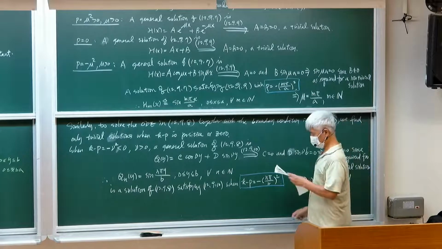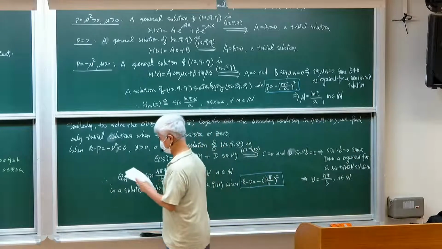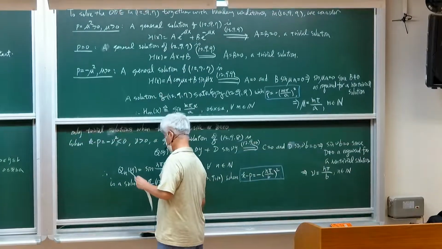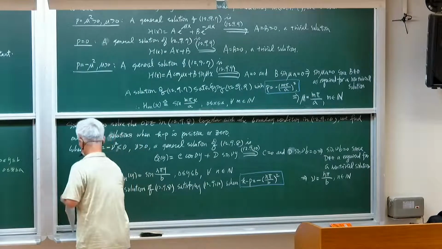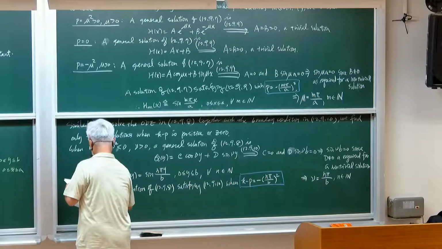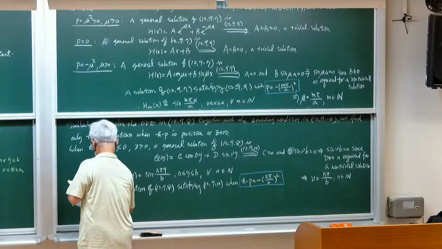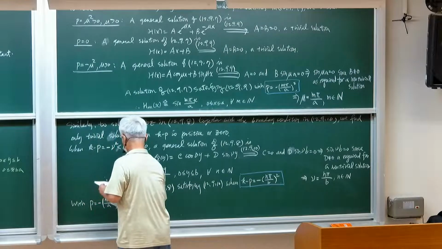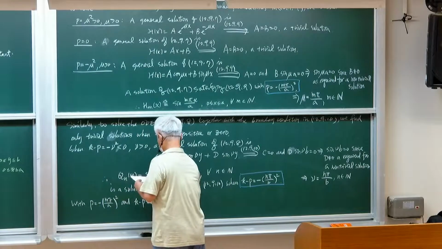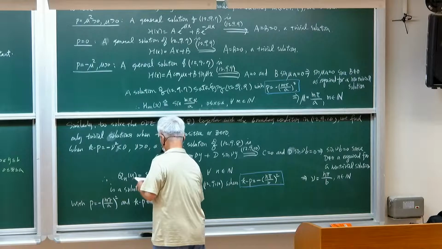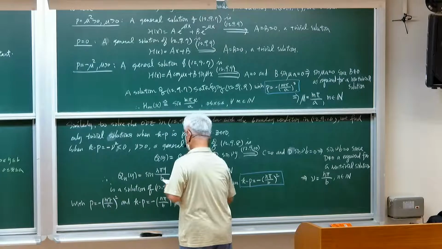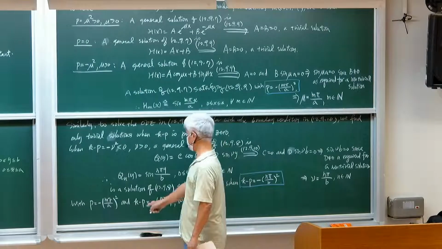So now with p equal to minus (m pi divided by a) squared, and k minus p equal to minus (n pi divided by b) squared, we have k as the sum of these two.